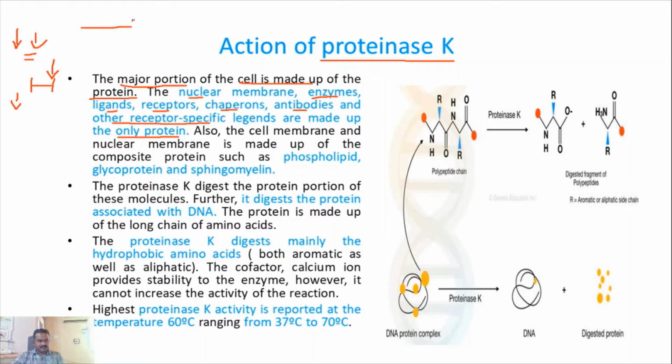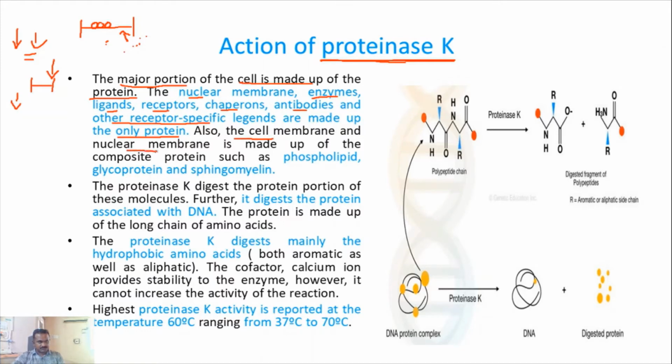Proteins are tightly bound to the DNA in the form of histones, and some of the proteins also try to degrade the DNA. So those proteins are destroyed by the proteinase K enzyme.